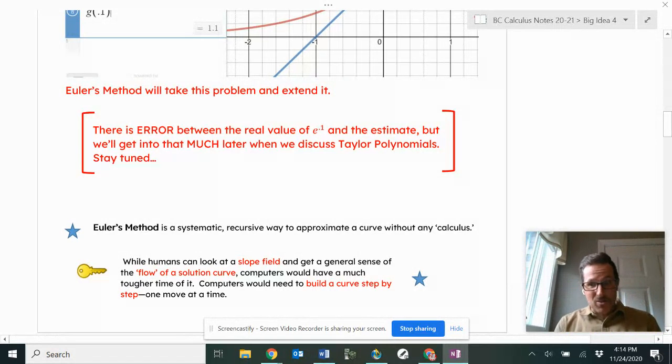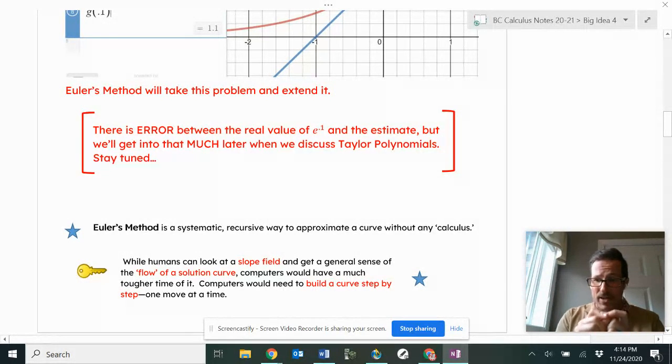We can look at a slope field and get the general flow. We can see the current as it flows over the XY plane, just because humans are good at seeing big patterns and big general ideas of what's going on. Now, a computer is bad at that. A computer doesn't know how to draw a curve.